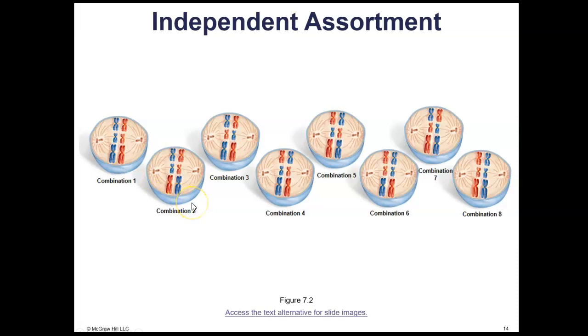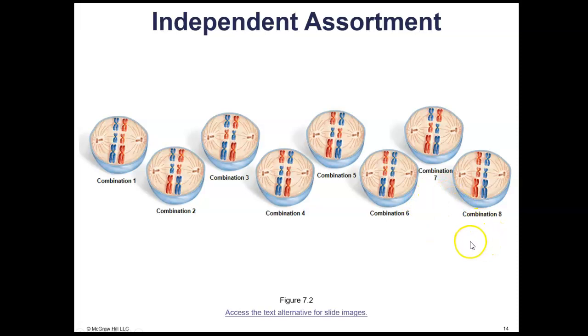But in combination 2, the first 2 pairs, the top 2 pairs, are lining up the same way, but the bottom pair is lining up now with the mother's chromosome, the maternal chromosome, on the left. So that's a different combination. There's a different combination of how they line up in combination 3, combination 4, combination 5, combination 6, combination 7, and combination 8.